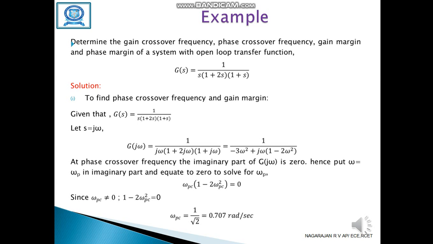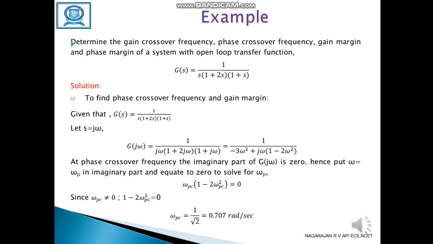Determine the gain crossover frequency, phase crossover frequency, gain margin and phase margin of the system with open loop transfer function G(s) equal to 1 by s(1 + 2s)(1 + s). The gain and phase crossover frequency and gain margin we are going to find.